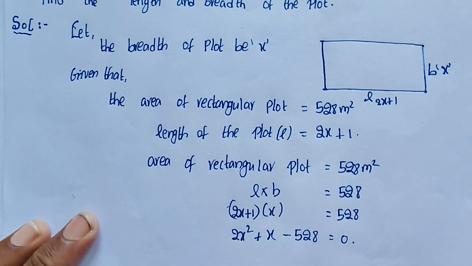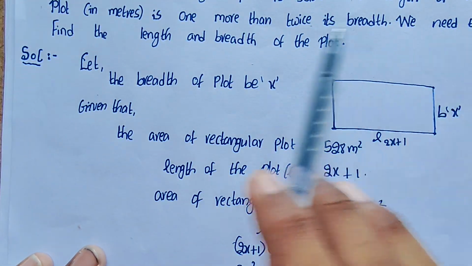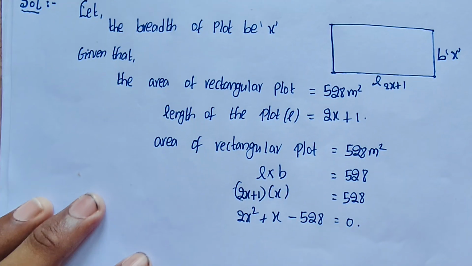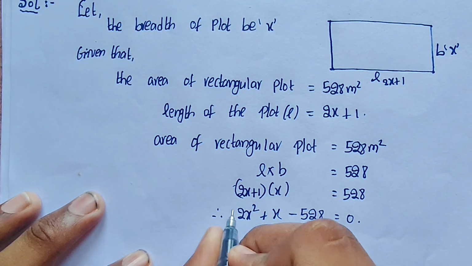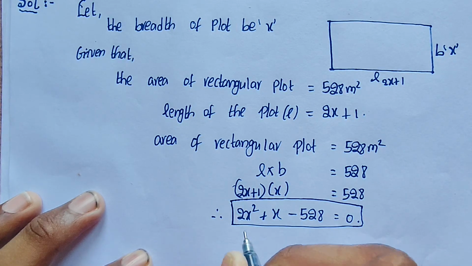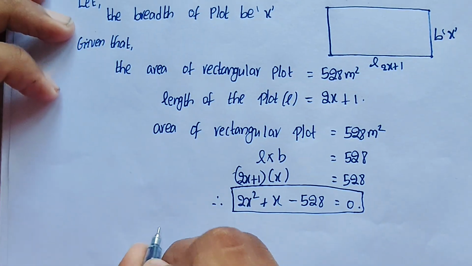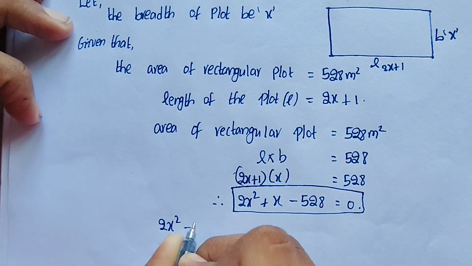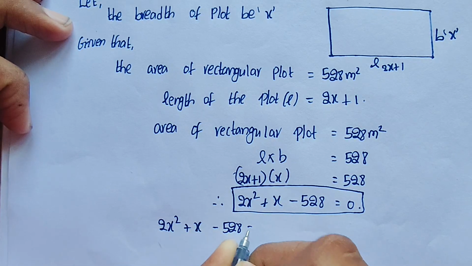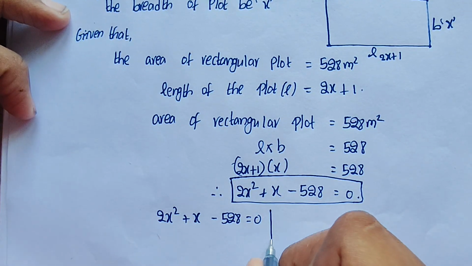He also said in the question that we need to find the length and breadth of the plot. So we got this equation: 2x squared plus x minus 528 equals 0.